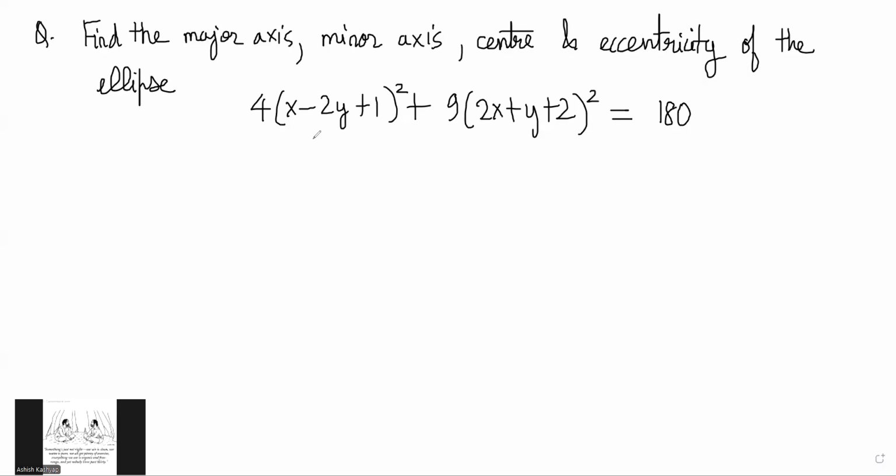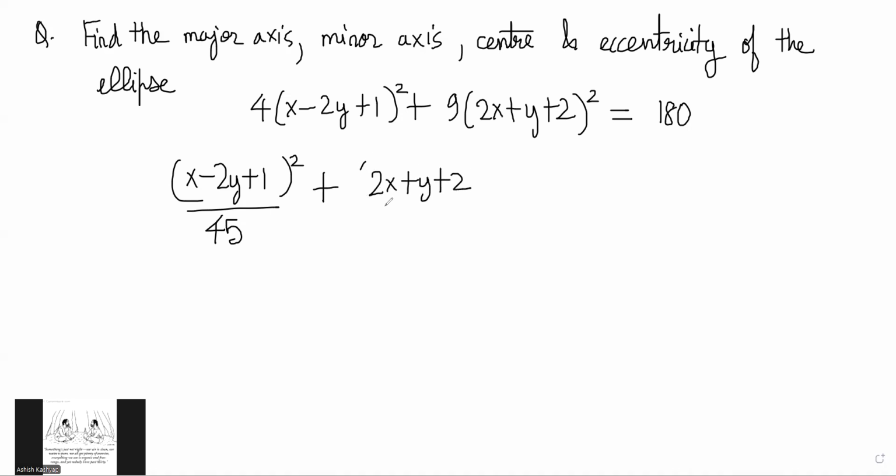So let's simplify this equation a little bit. We will divide by 180 throughout to make it 1 on this right side. So we will get (x minus 2y plus 1) whole square by 45 plus (2x plus y plus 2) whole square by 20 is equal to 1, right?